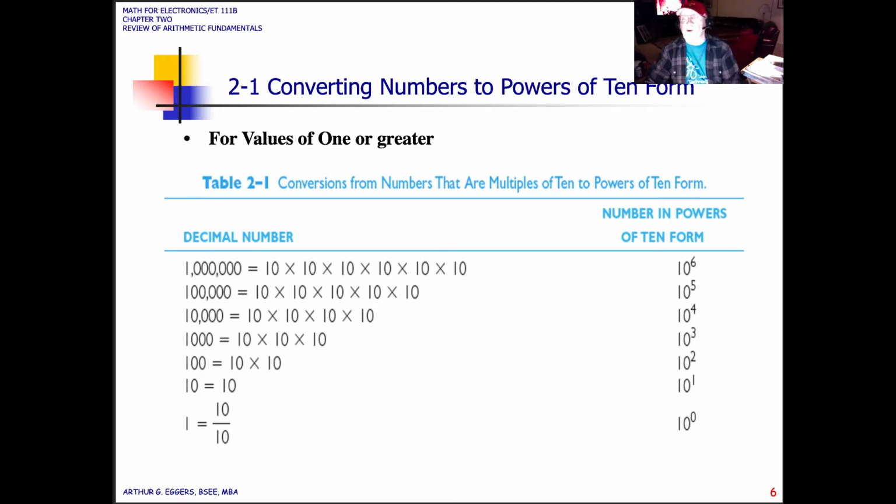The thing that we have to start getting used to is something called engineering notation or the metrics later. We use the values of multiples of 3 primarily in engineering and electronics. So 10 to the 3rd and 10 to the 6th become very important exponents and powers of 10.